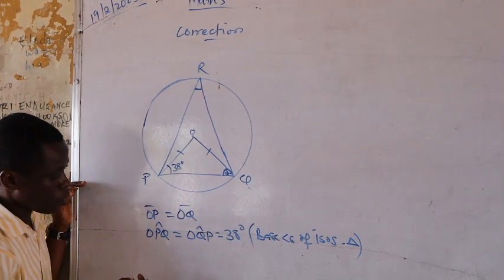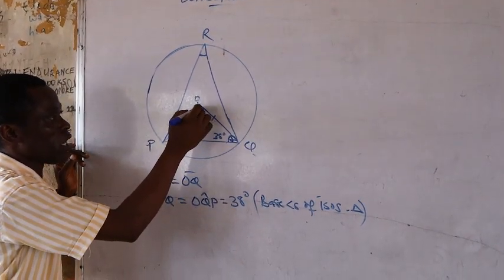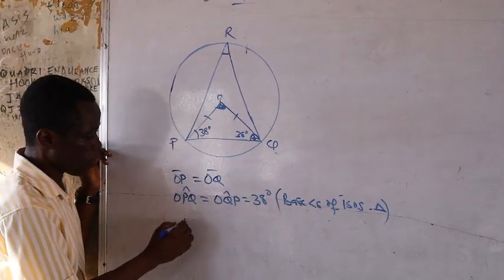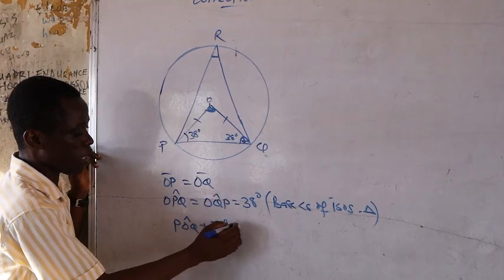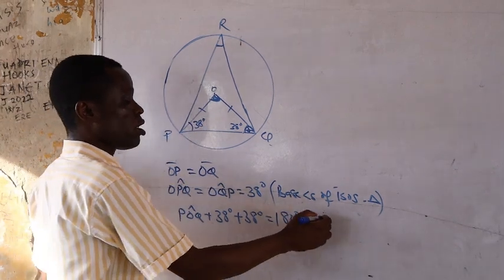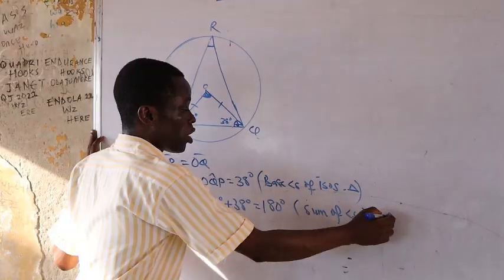Now this one is 38, so we can easily calculate this angle. POQ plus 38 plus 38 is equal to 180, and the reason is sum of angles in a triangle.